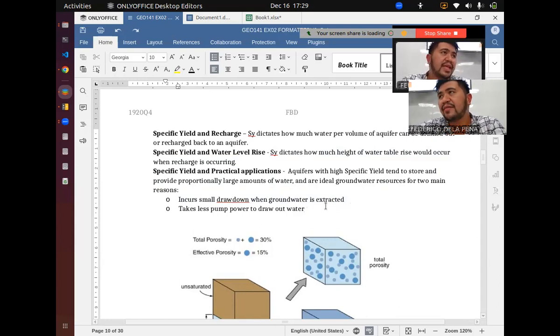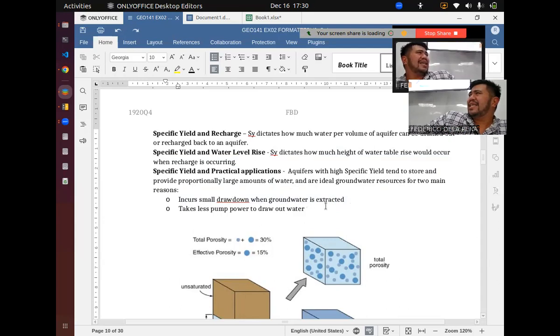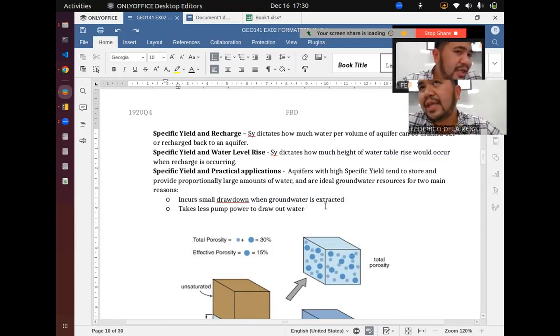Conversely, when you have an aquifer with a very low specific yield, you have to squeeze out a lot of volume of aquifer before you start getting some water. An easier analogy is to compare a sponge or a microfiber towel versus a normal towel.